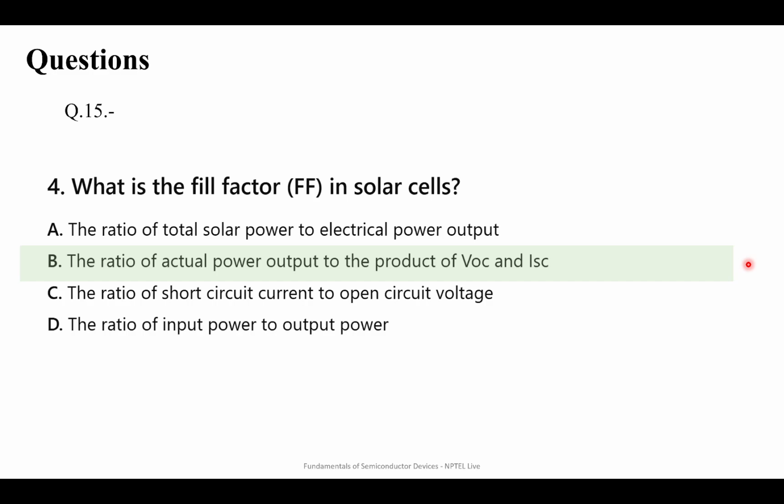VOC is calculated with zero current and ISC is calculated at zero voltage, so at both of them the power is zero. For some lower voltage and some lower current, I will have my maximum power.